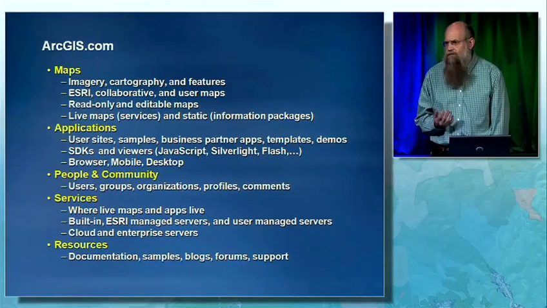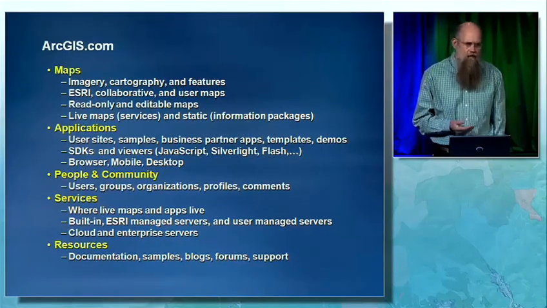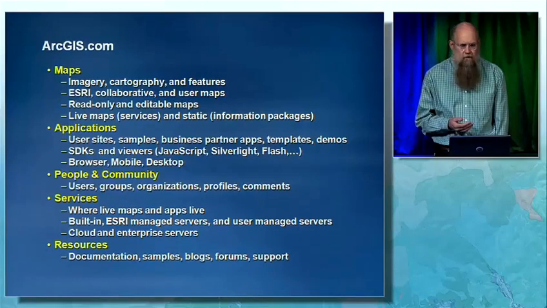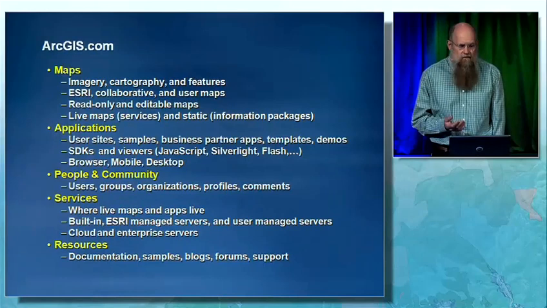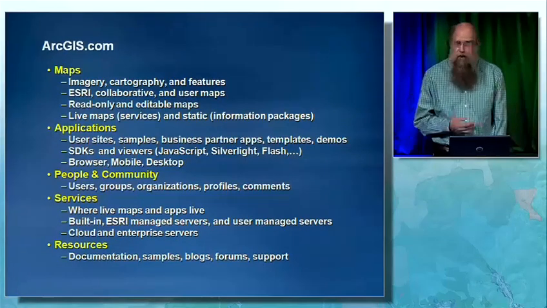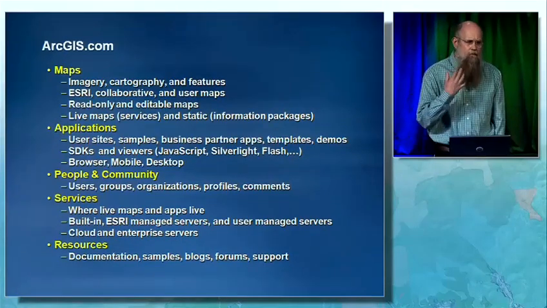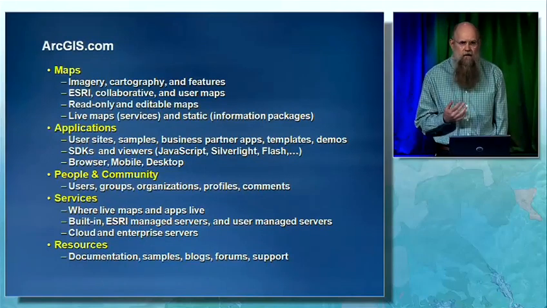It also includes maps that we create as a community in a collaborative fashion. Finally, it involves maps that you create and share, perhaps within your organization, only within your community, not necessarily with the entire world. The maps at ArcGIS.com can be read-only, and they can also be editable. So we can publish a map to ArcGIS.com that allows you to interact and edit the features on that map through mobile devices, in the browser, and desktop software.